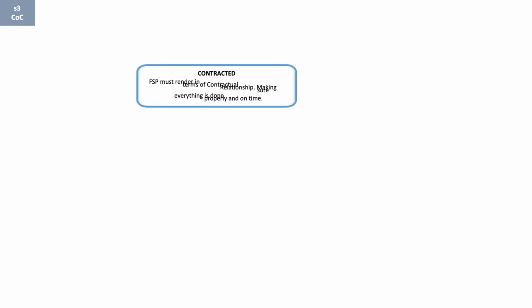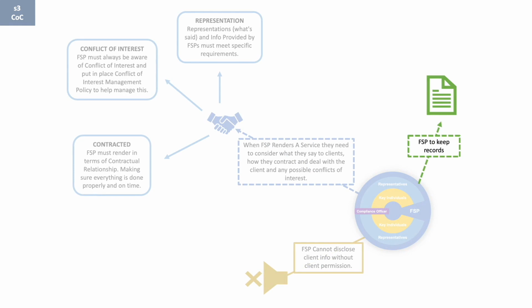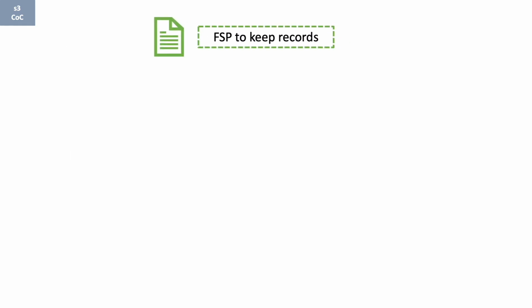Now let's take a look at the FSP's duties when it comes to keeping of records. One of the most important requirements in the FAIS Act. The FSP must keep records, and we will look at what, how, and for how long these records must be kept and maintained.